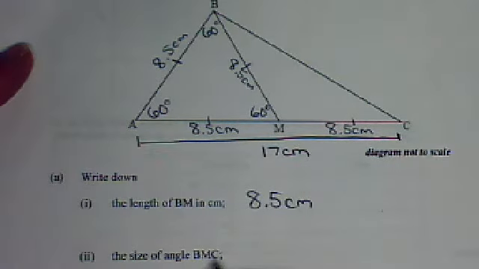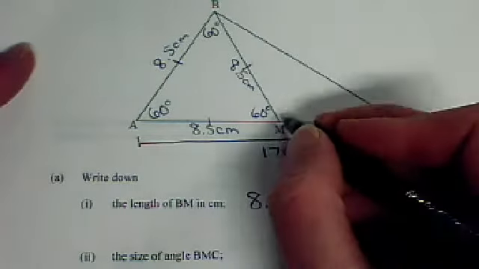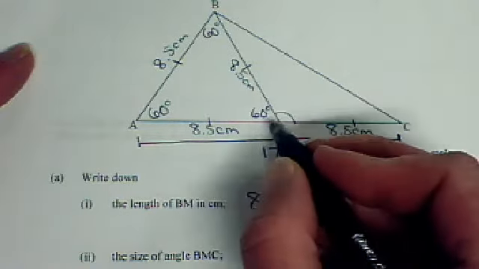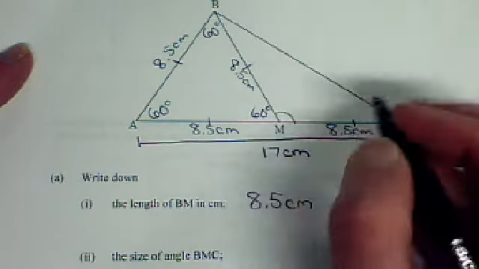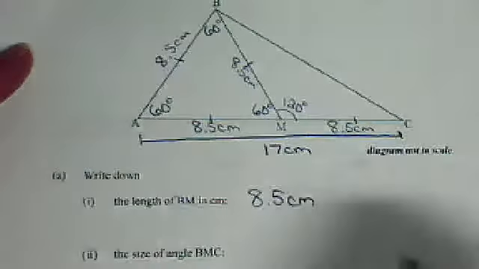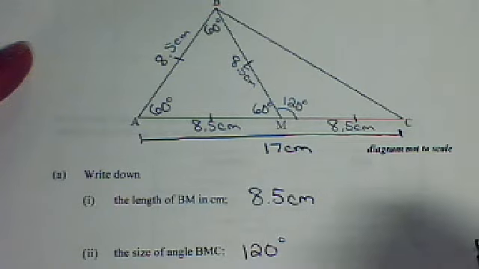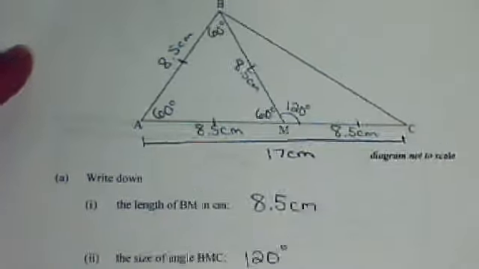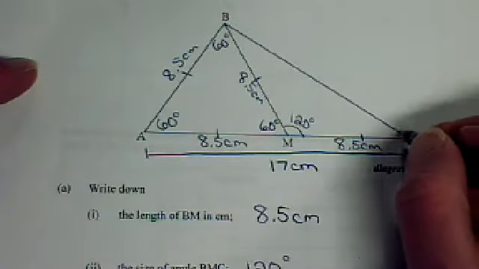The size of angle BMC. So BMC is right here. Now together those 2 angles make up 180 degrees, so that leaves us 120 degrees left for that side. The next part asks for the angle of MCB, so this angle right here.